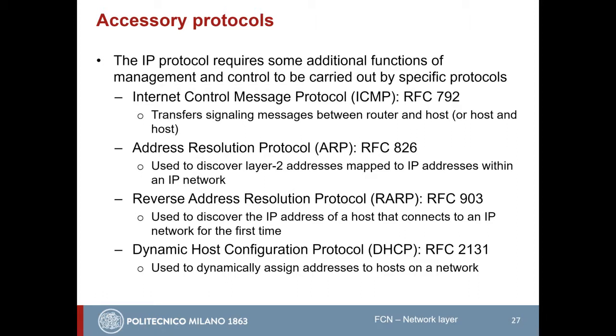So it is used to write the famous ARP or MAC tables that we have already introduced talking about forwarding. And RARP and DHCP are basically used for the same purpose, which is to dynamically assign an IP address plus some more information to an interface using a centralized server. RARP is not used anymore, but DHCP is used for this purpose.